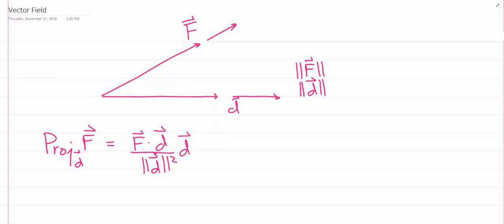Now, that's the projection, and this represents the force going in the direction of the displacement. Now, let me take the magnitude of that. I'm going to be a little bit careless because I'm going to take the square root of something squared and just call it positive. And it would be here because notice that the force is acting in the direction of the displacement, so it's going to be positive.